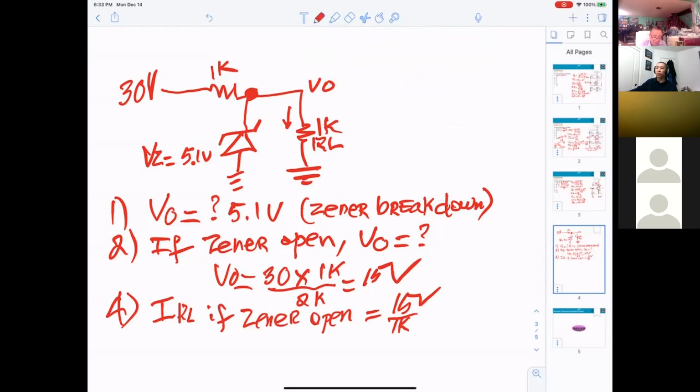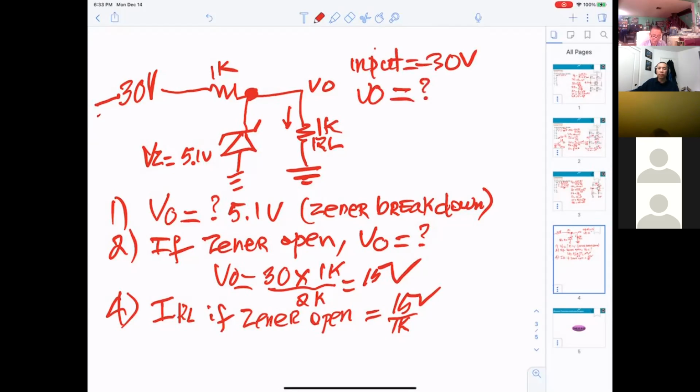Now, I change that to minus 30 volts. What is Vout?